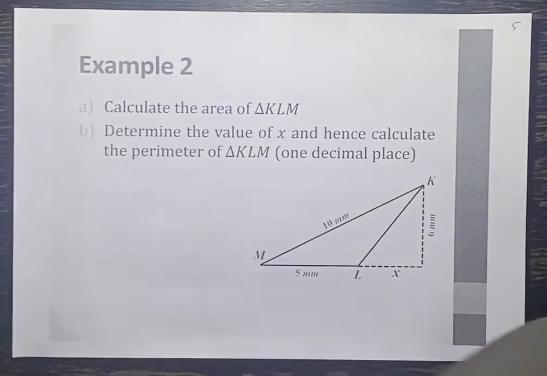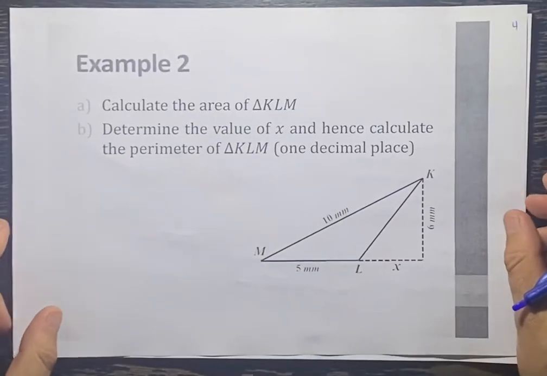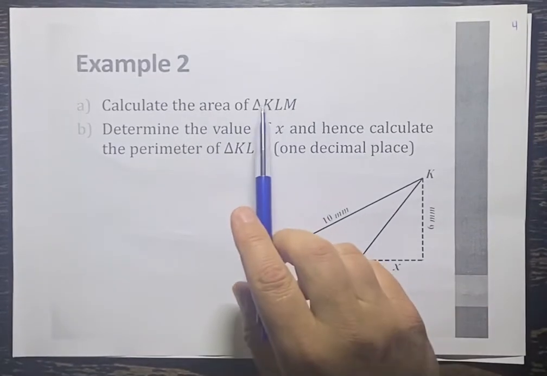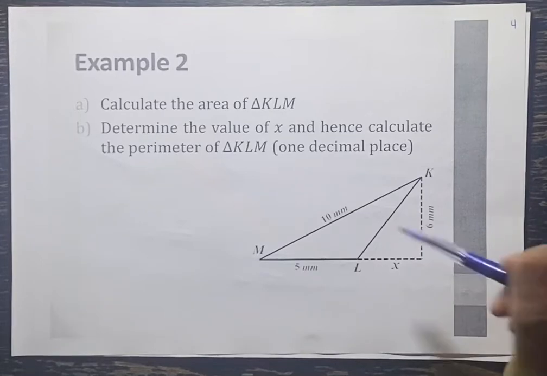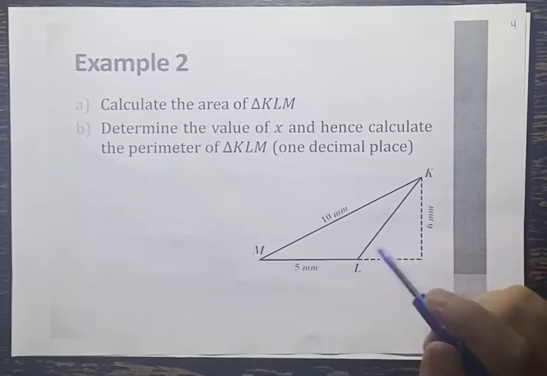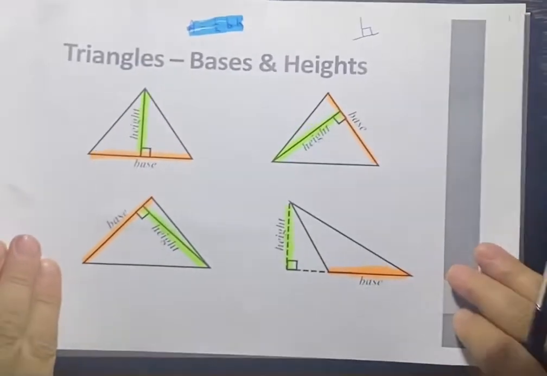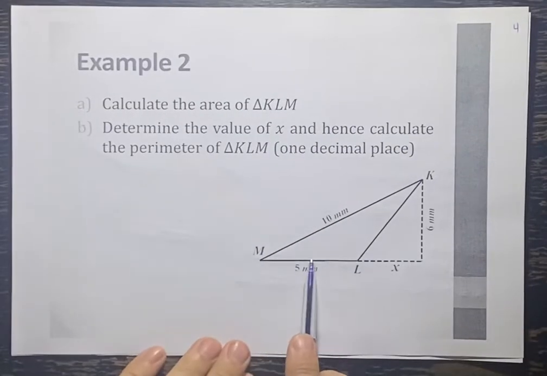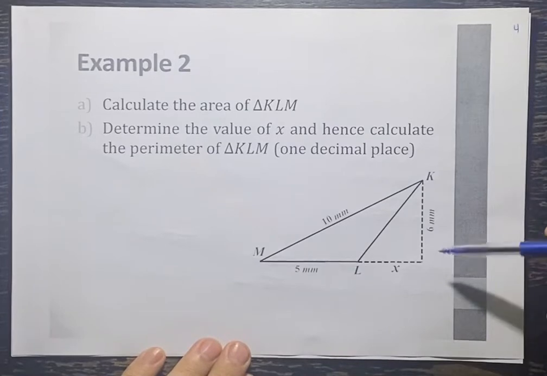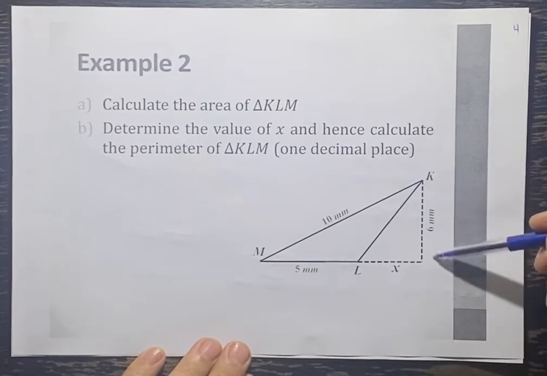Okay, going on to example 2. It says calculate the area of triangle KLM. Okay, now this one looks very similar to this triangle over here, where we have the length of a base and then we have the height of the triangle.